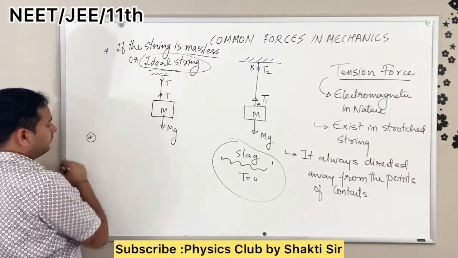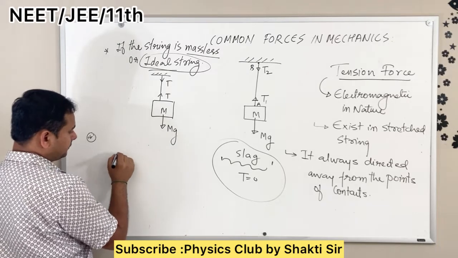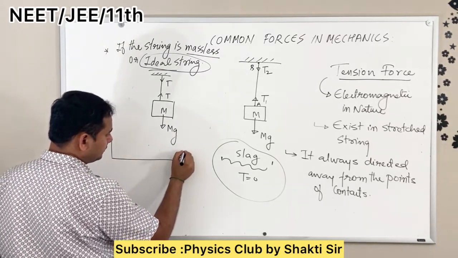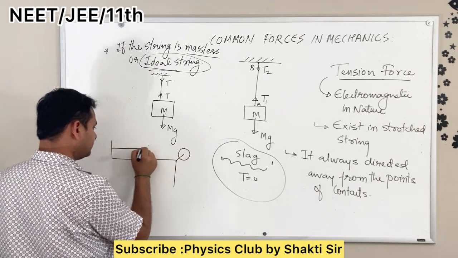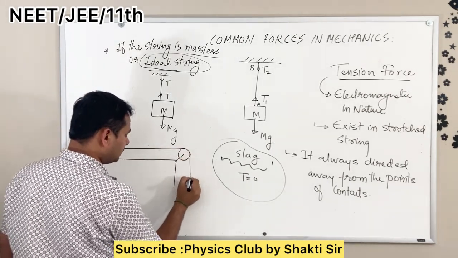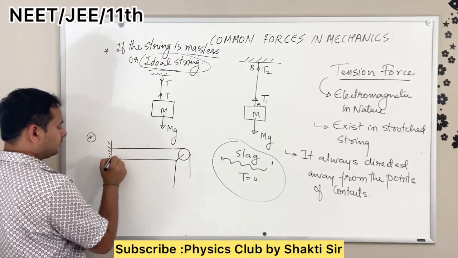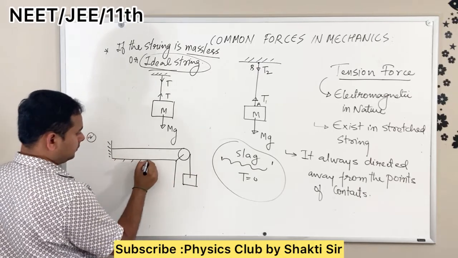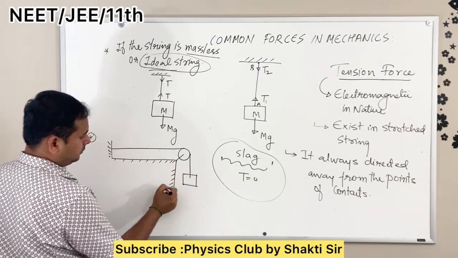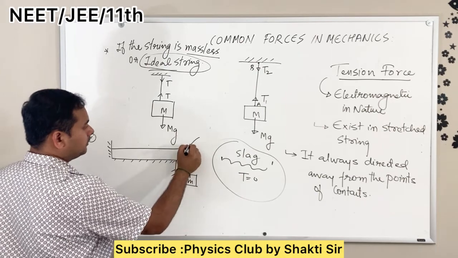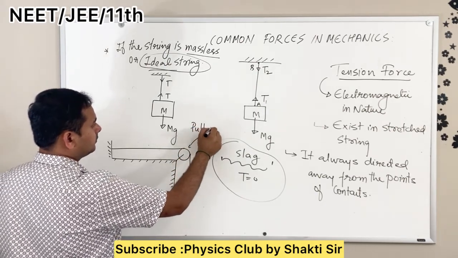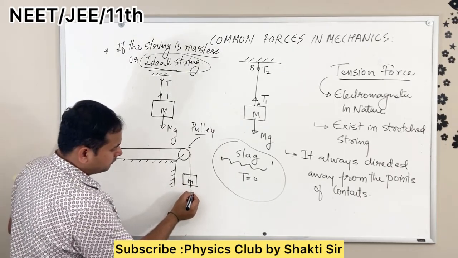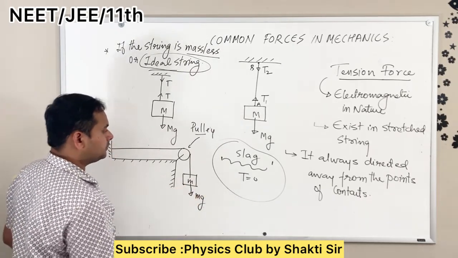Second point we note about this is, let's say we have a situation something like this. Here is a block, mass m. This is a pulley. Again, the gravitational force is acting downward, mg.